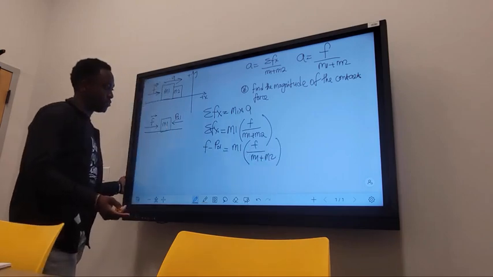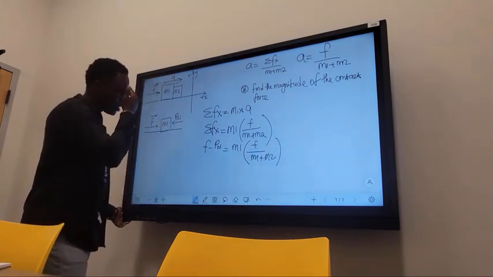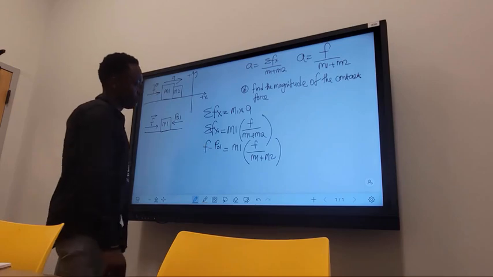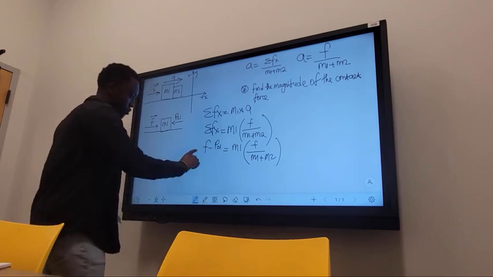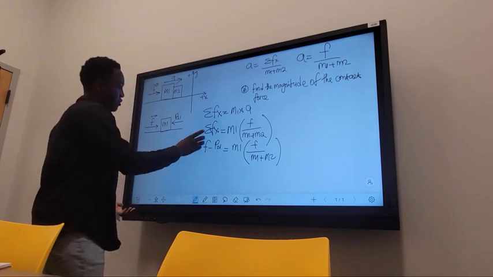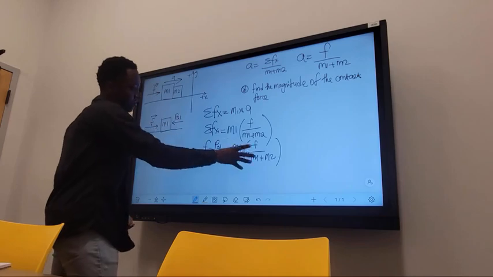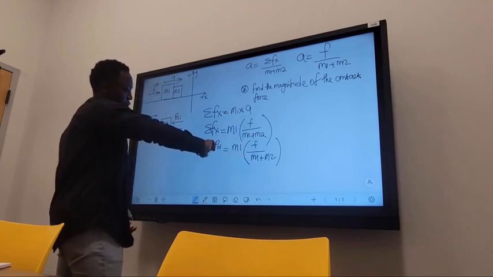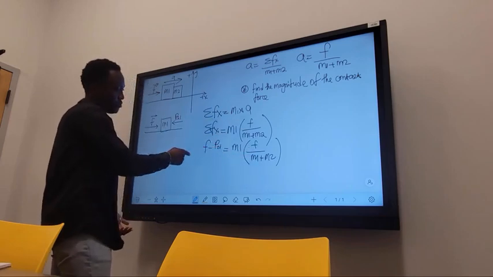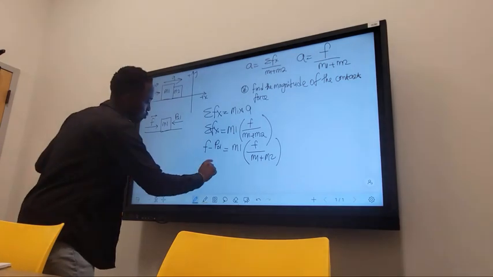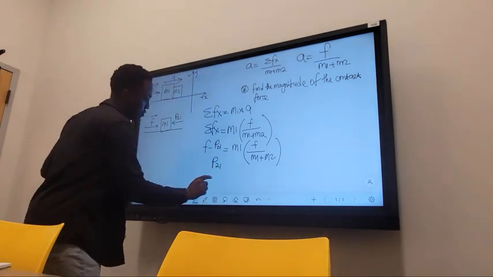Hopefully we're following at this point, but we're only looking for the contact force. So we're going to have to transpose everything to this side and the contact force to the other side, just so we could have it as a positive, which I'll do. Hopefully you can follow how I'll do it, but this will leave our contact force as positive.